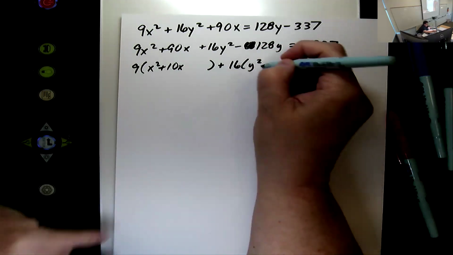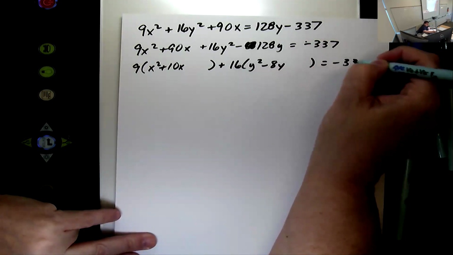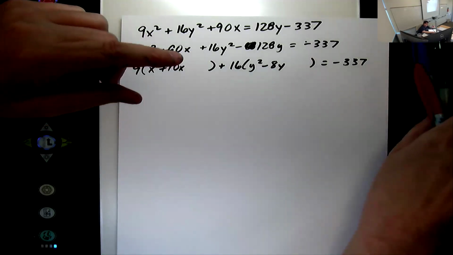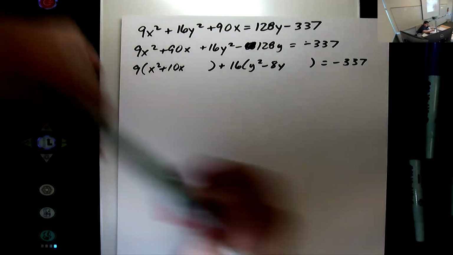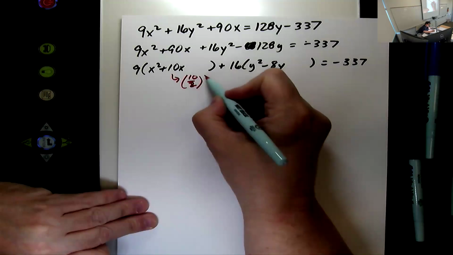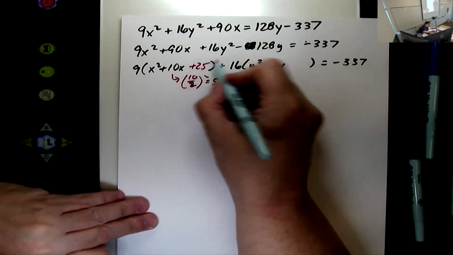Is that 8? Yes. So complete the square. 5 squared is 25.